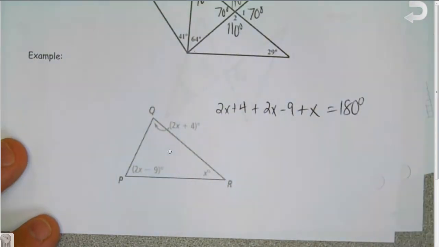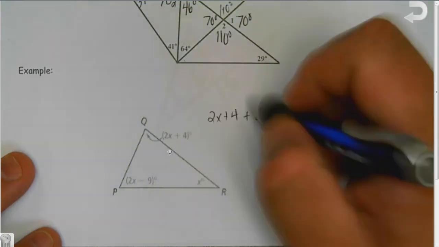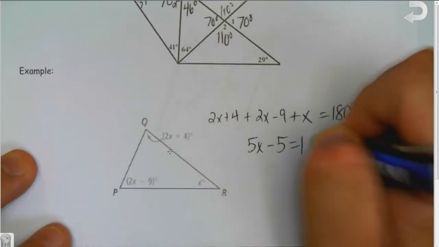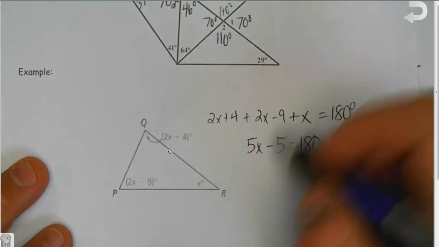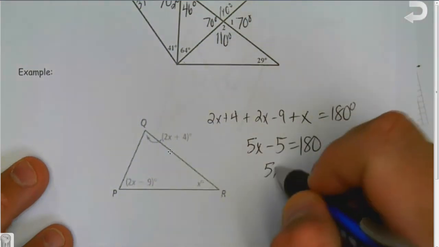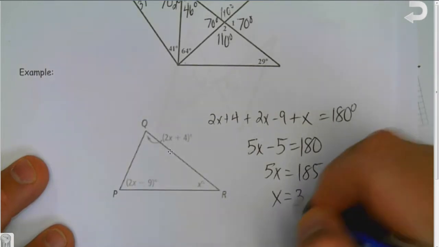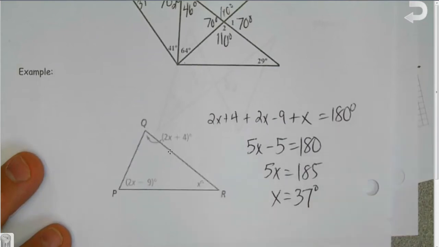And just like we talked about in Unit 2, I'm going to use the substitution property by putting like terms together. And I'm going to go ahead and solve for x. Now, you need to take it one step further.